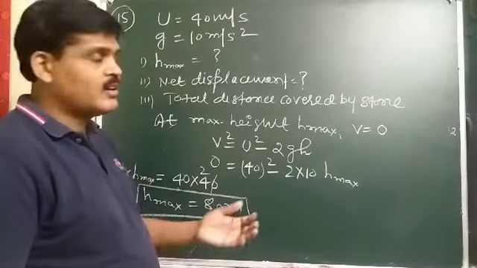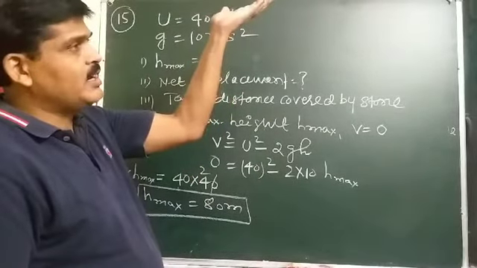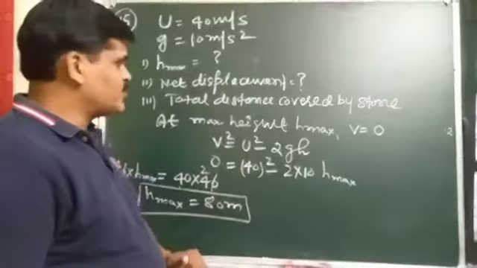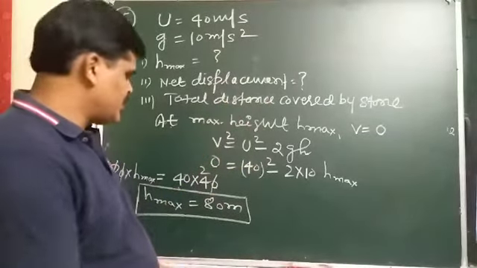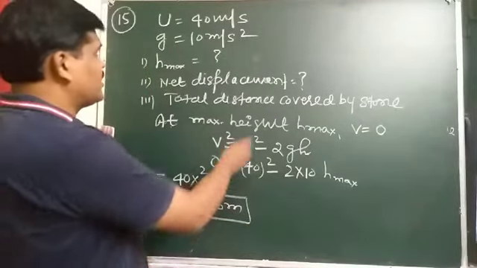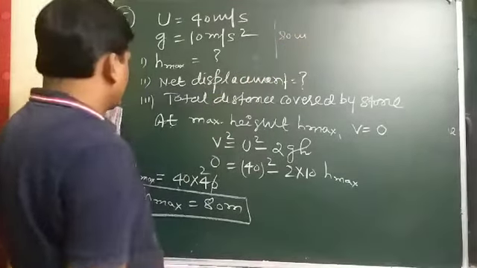It means that this stone reaches the maximum height and then comes back to the original initial position. So, net displacement: in the second case, the total distance covered upward is 80 meter.